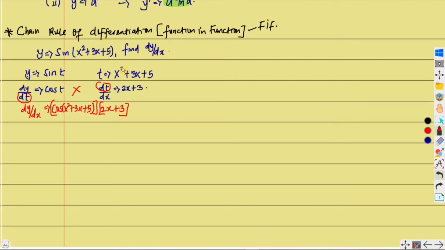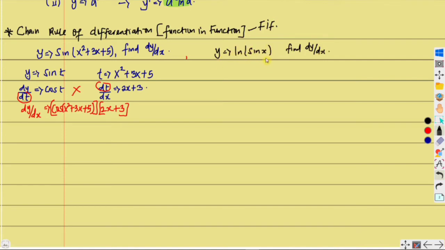Let's take another one for you to understand very well. If we have another example, say y equals ln of sine x, the examiner asks you to find dy by dx. As you can see, my dear student, yet again we have two functions.